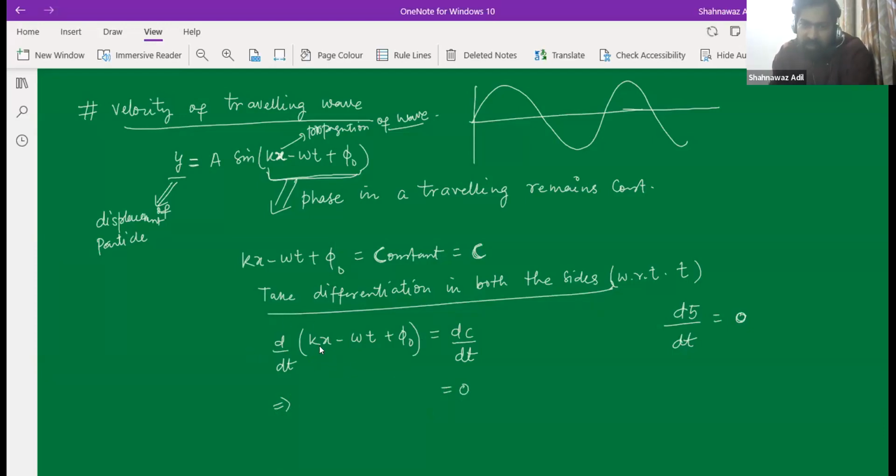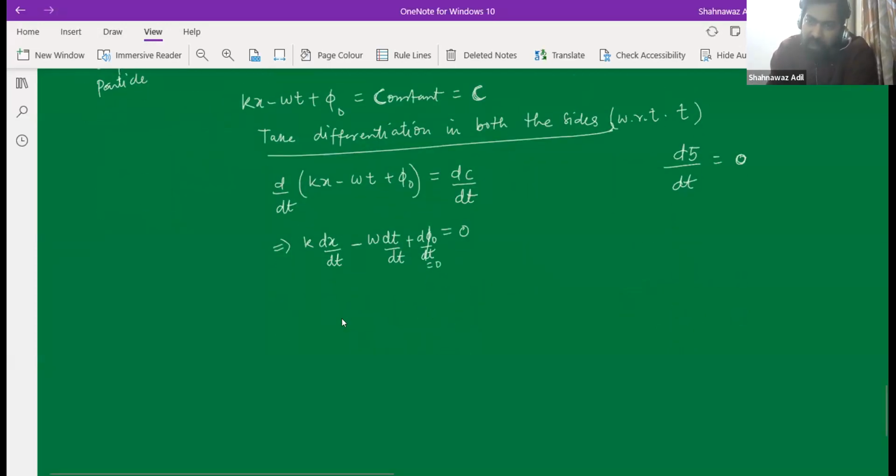So this part is 0. This part would be how much? k is constant, I can take it outside, so this is k dx/dt. Similarly, omega is constant, I can take it outside, so this is ω dt/dt. And again, dφ0/dt is a constant, so this is again 0. So we get k dx/dt - ω, and dt/dt is 1, equal to 0.